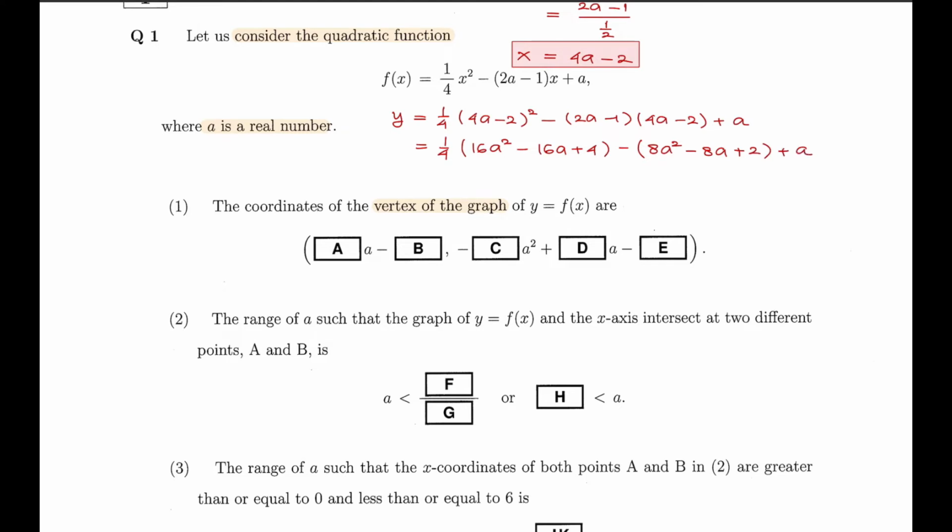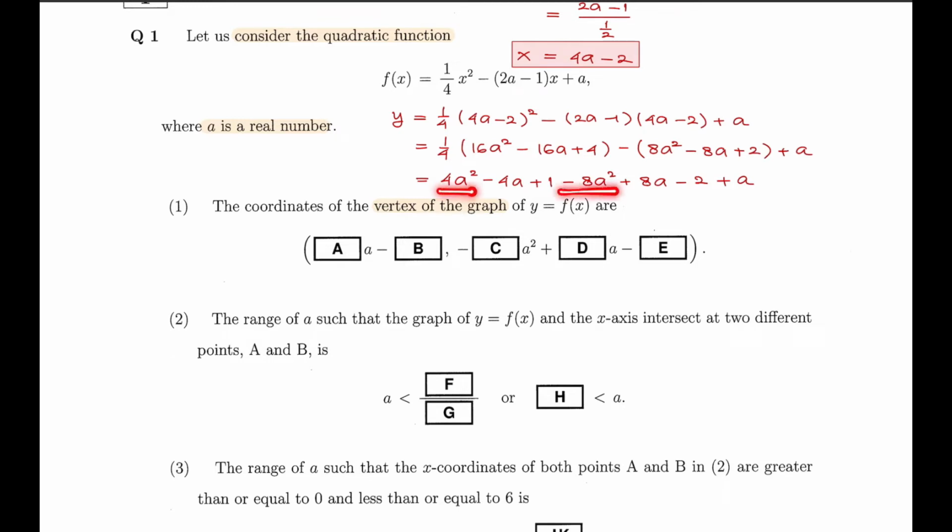And then plus a. And then we expand this expression. I will get 4a squared minus 4a plus 1. And then don't forget to multiply the negative sign into the brackets. We will get negative a squared plus 8a minus 2 plus a.